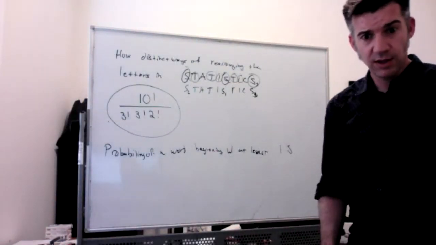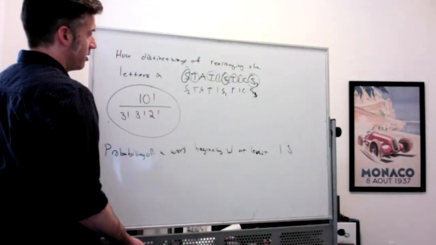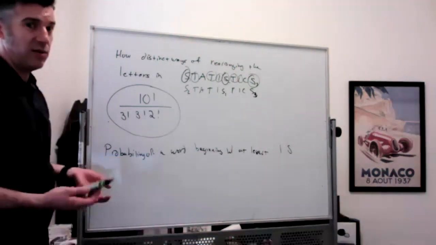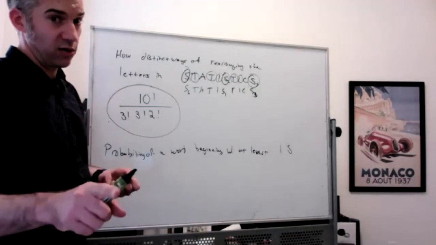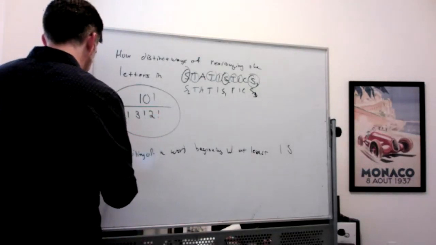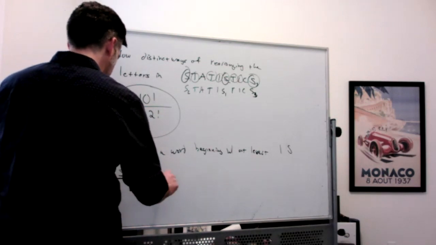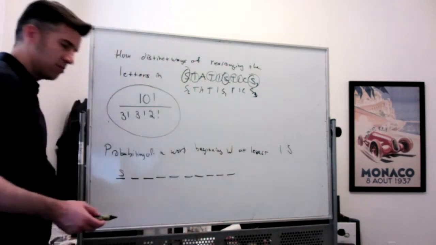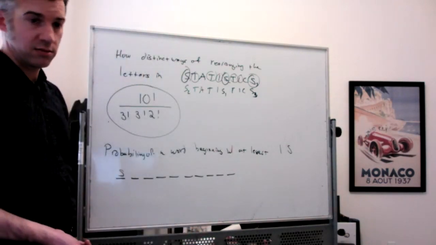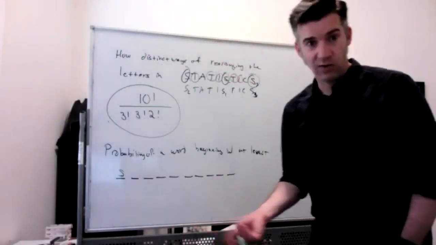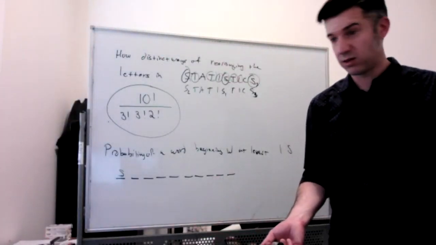So basically the idea is now we want to find the number of distinct words that begin with an S. So we're going to put an S in the first spot, and then the other 9 spots, you have choices. So there's now 9 factorial ways of rearranging all the other things, right?